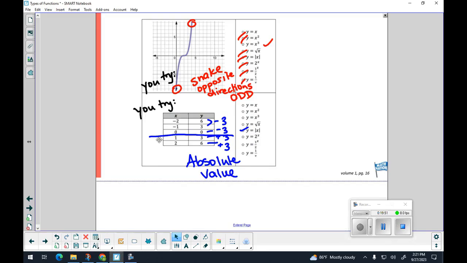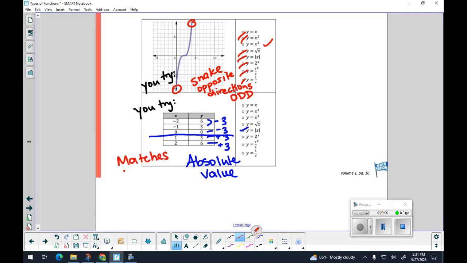Now let's talk about the table. So with the table, it is changing by -3. It's going down by 3 on the first half, and then the other half is going up by 3. That lets me know it's absolute value because that means there should be an axis of symmetry on either side of the graph.